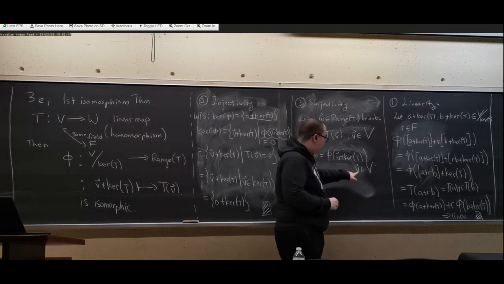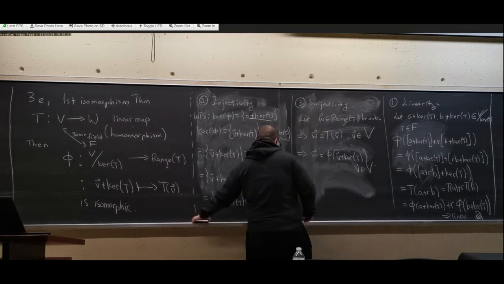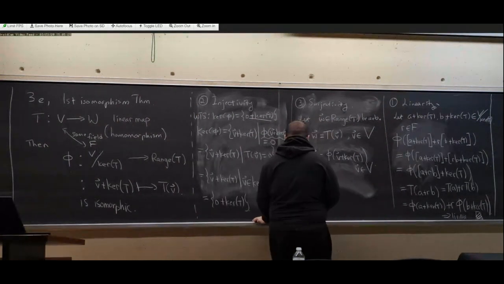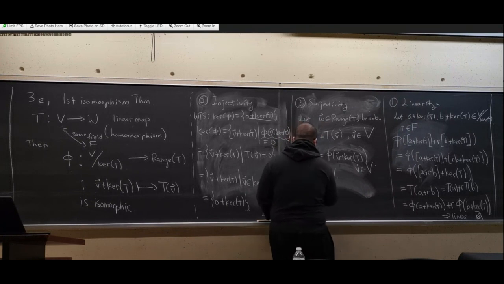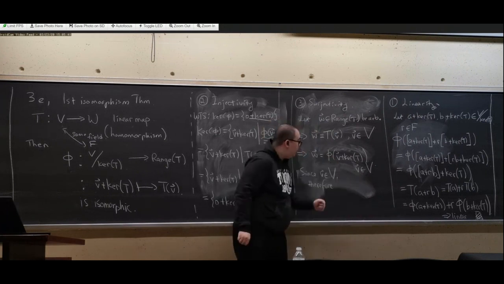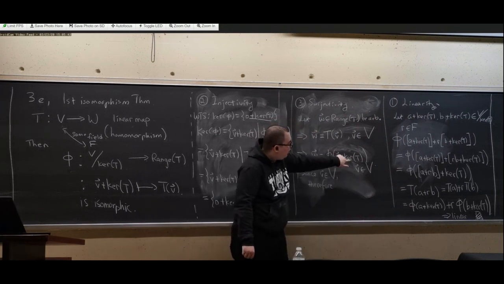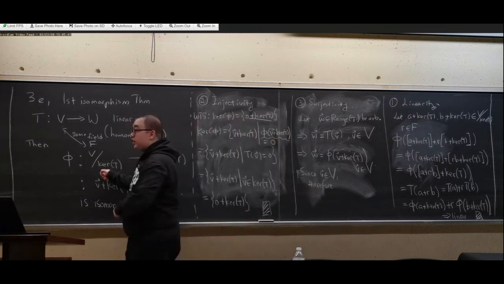We know that small v, right here, this element is in big V. What does that mean? Well, since small v is in vector space big V, therefore the small v here is in big V. That means the small v plus kernel of T is indeed in this quotient space right here.